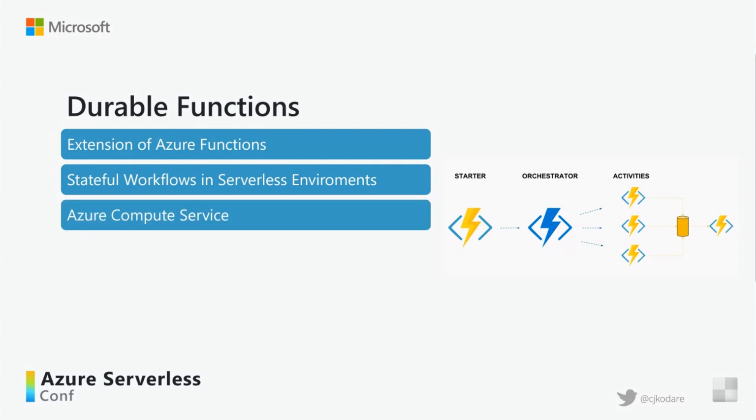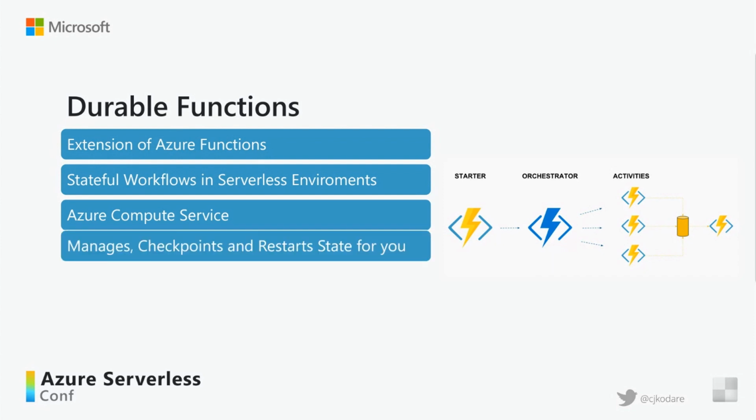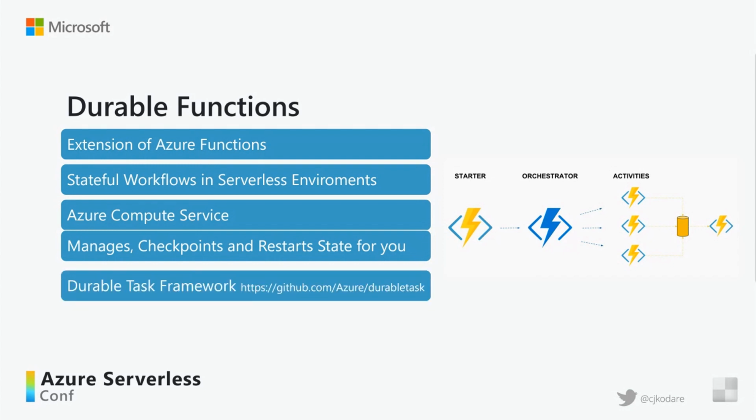And it's also a compute service. What's good about Durable Functions is that it manages state, checkpoints, and even restarts for us, and we don't need to do that. The technology behind Durable Functions is the Durable Task Framework, which you can check on GitHub through that link.